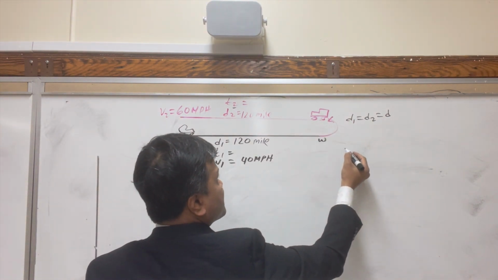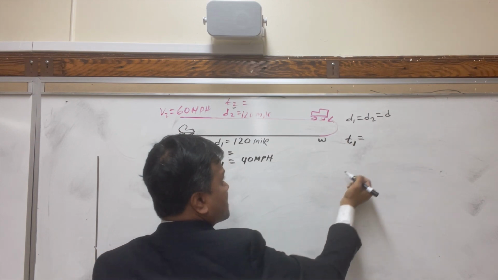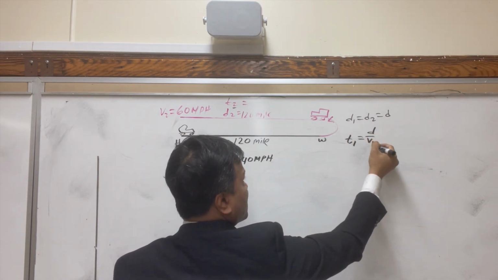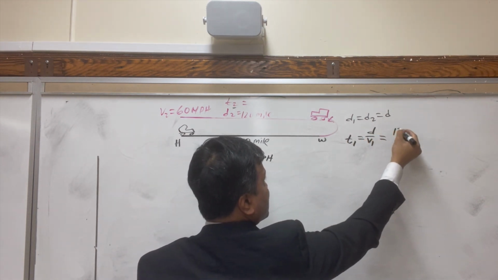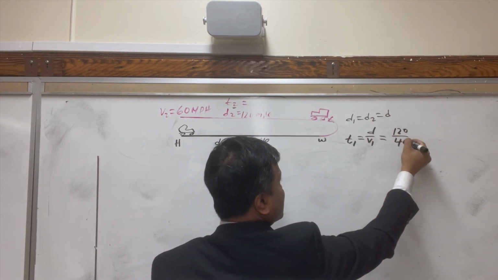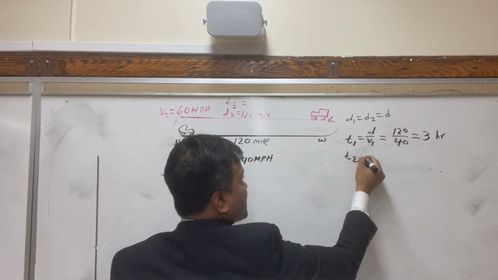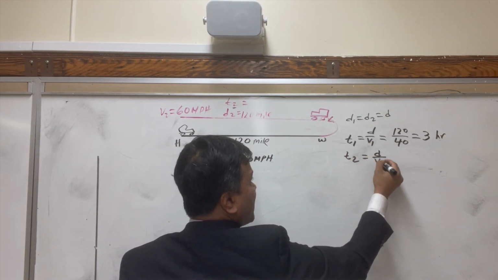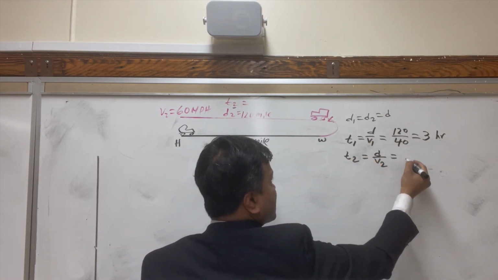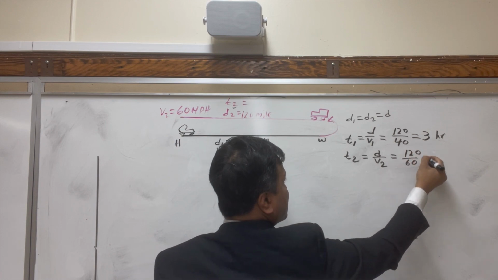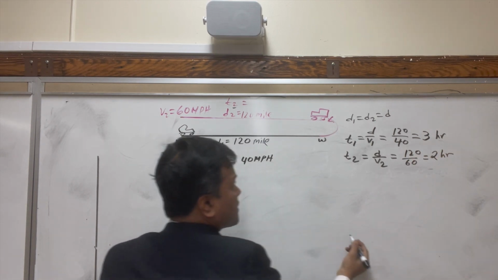All right, so for average speed, what is the time 1? D over V1. D is 120, V1 is 40, so time is 3 hours. T2 is D over V2. D is 120, V2 is 60, so 2 hours.